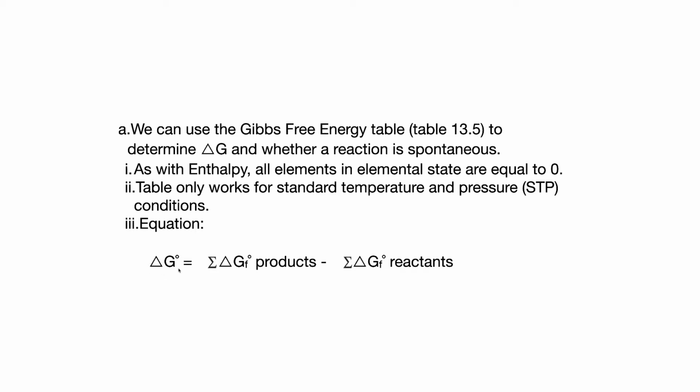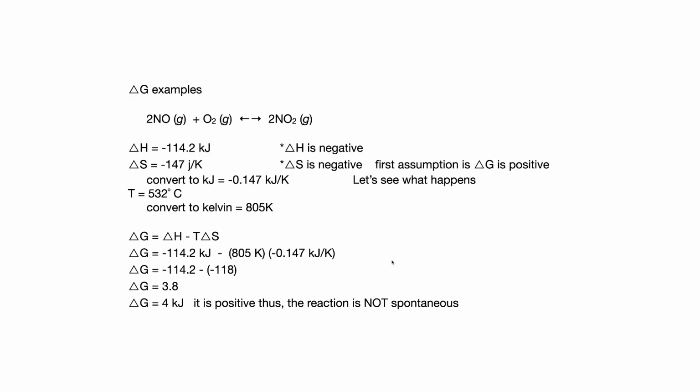So here, again, we're using a chart. Gibbs free energy is equal to the sum of the Gibbs free energy of the products minus the sum of the Gibbs free energy of the reactants. So let's take a look at this here. I thought I put the chart in here.